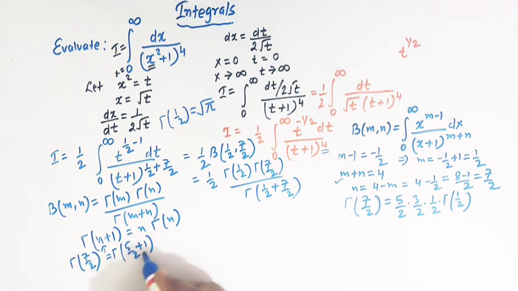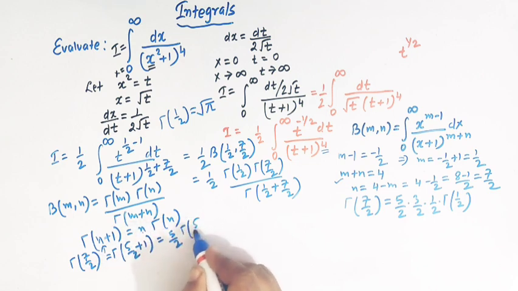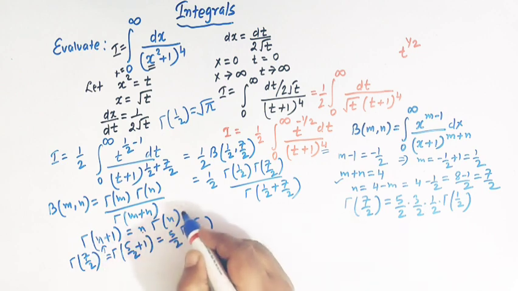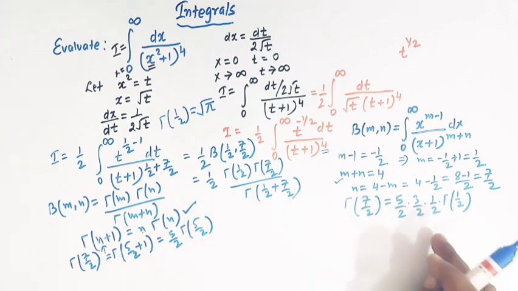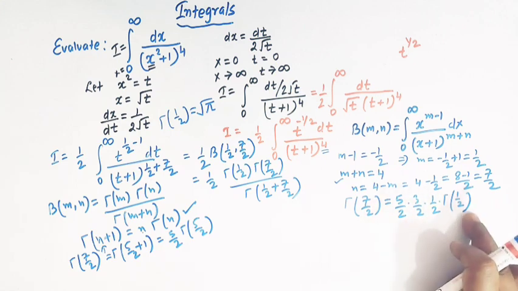So gamma of 5 by 2 plus 1 is equal to 5 by 2 times gamma of 5 by 2, right? So successive application of this result can give us this result, right?